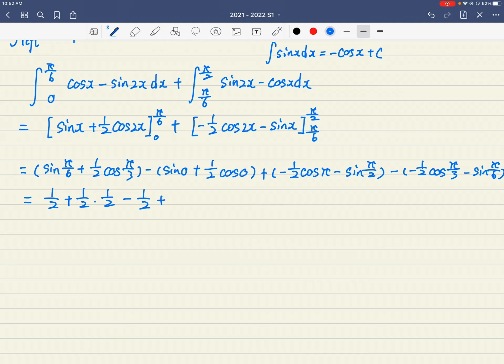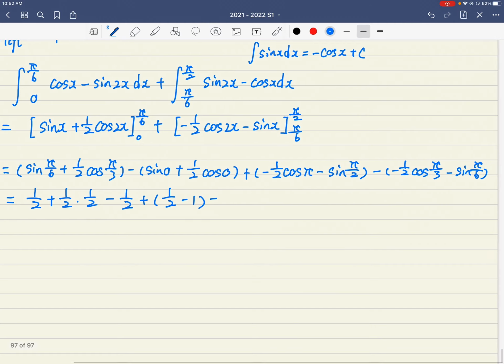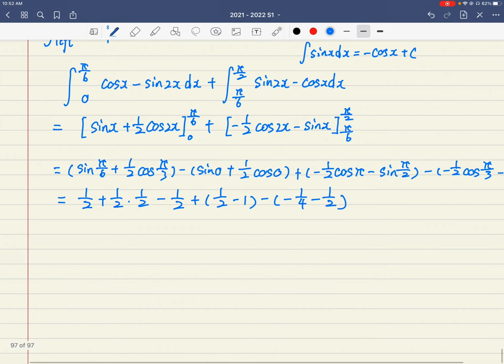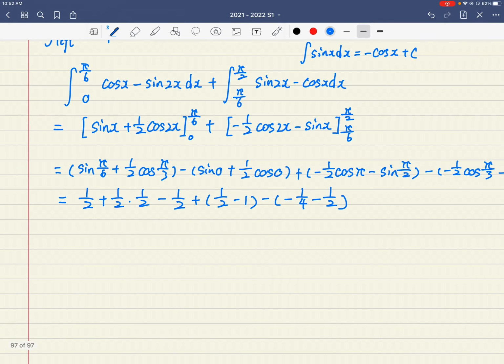Cosine pi is negative 1, times negative half, so it's positive half, minus sine half pi, which is 1. Then minus negative cosine pi over 3, which is half, so it's minus 1 over 4, minus half. Just use your calculator, and you should get the answer, half.